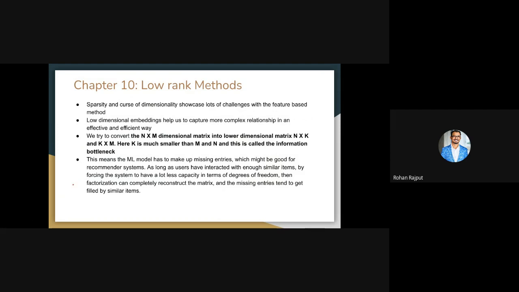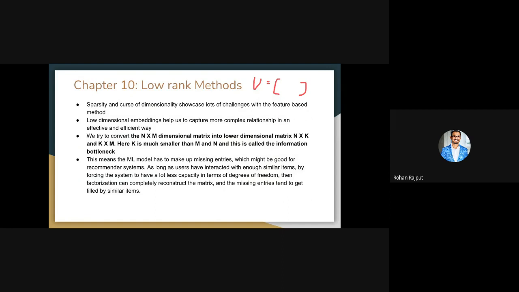If you recall from chapter 9, we discussed mostly feature-based methods, where we try to utilize user and item features. So we had two important segments. First is the user segment, where we utilize the user features.